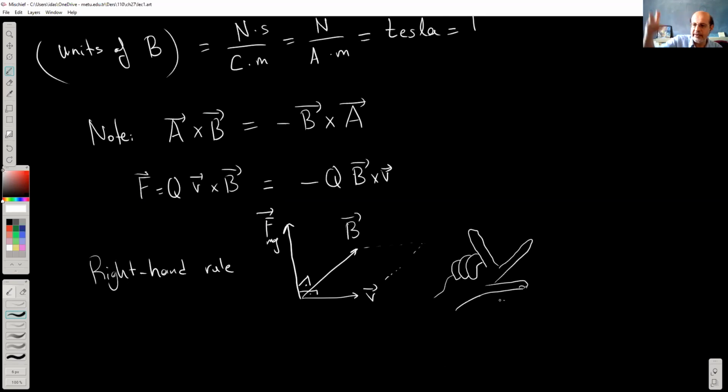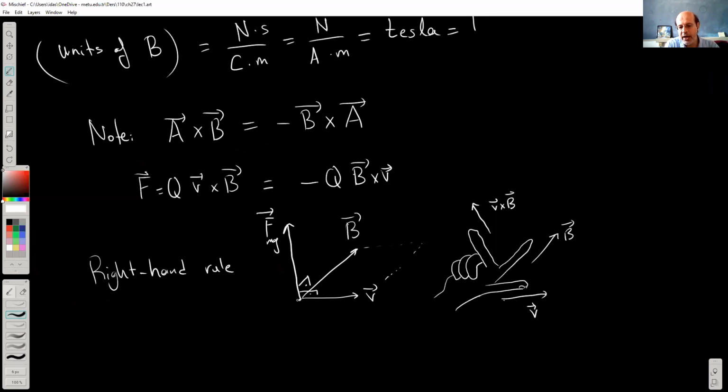There are these three fingers, they are ordered. So that's the first, second, and the third. We order the vectors in that order. So the first finger is along the first vector. The second finger is along the second vector. And the third finger would be along basically their cross product, E cross B.